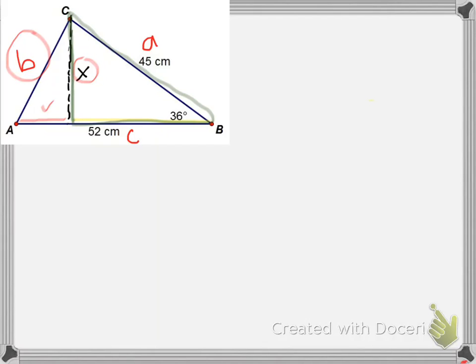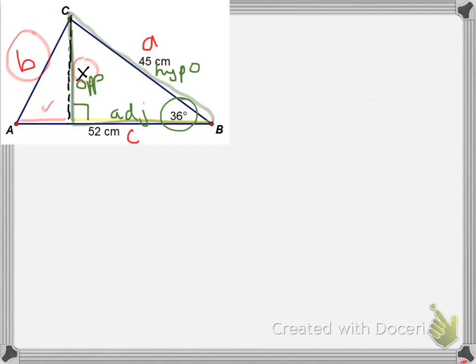Here's my angle, so this must be the opposite. Here's the right angle, so here's the hypotenuse. And this would be the adjacent.